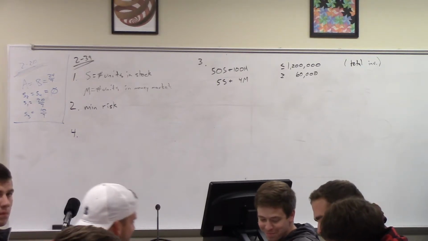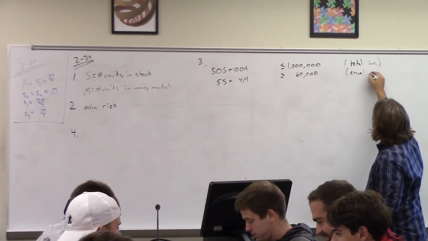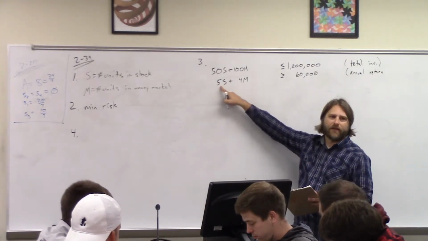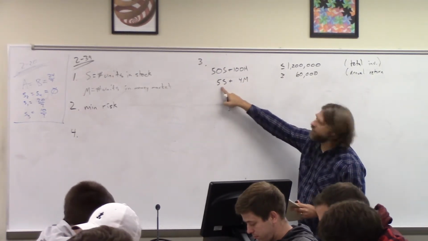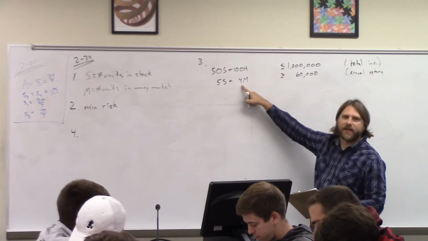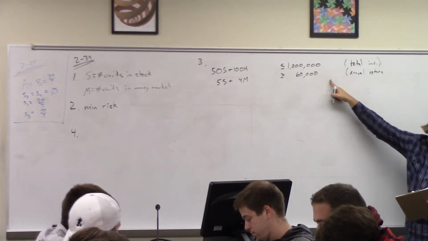It's the return, the annual return. Okay. Right, we're going to make 10% on stocks, because we bought it for 50, 4% on money market, and we have to make at least $60,000 off that.